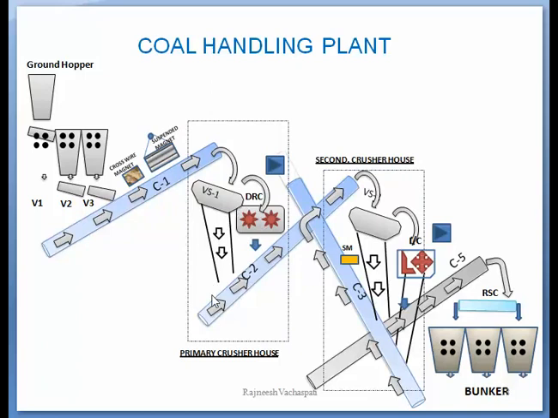This 125 mm coal is finally sent to the secondary crusher where its size becomes 25 mm, and this 25 mm coal is transported through conveyor belts to the main plant or to the milling plant where it is stored in the raw coal bunker. From this raw coal bunker through feeders, the coal goes to the pulverizers.